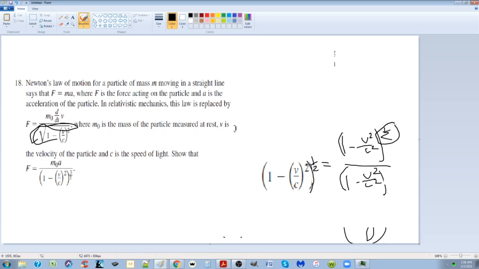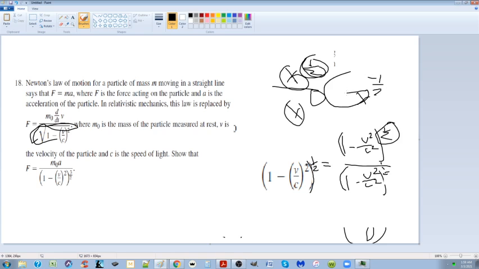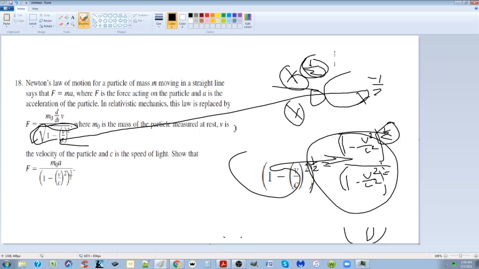Because if you use your rules of exponents, this is the same as saying x to the half over x. If you had the same base, you would subtract the exponents. What's negative a half minus 1? It's negative a half, which just means x to the negative half. So re-expressing that into that is part of the solution.